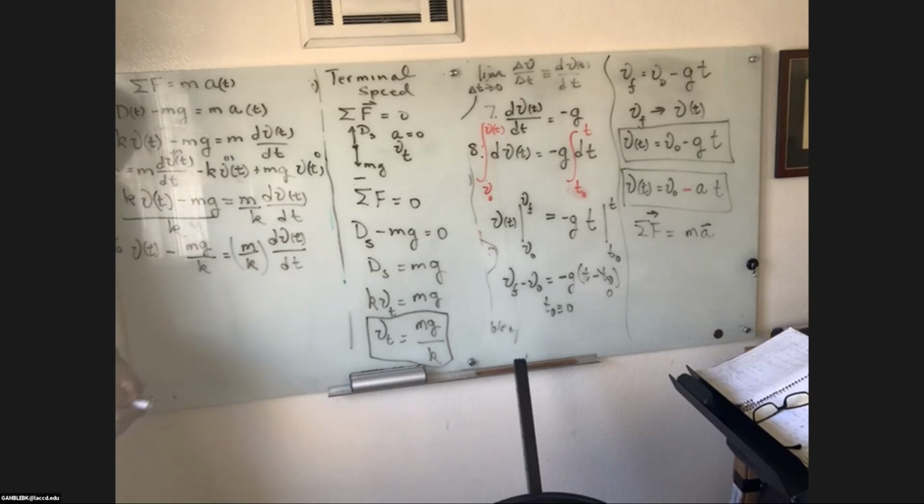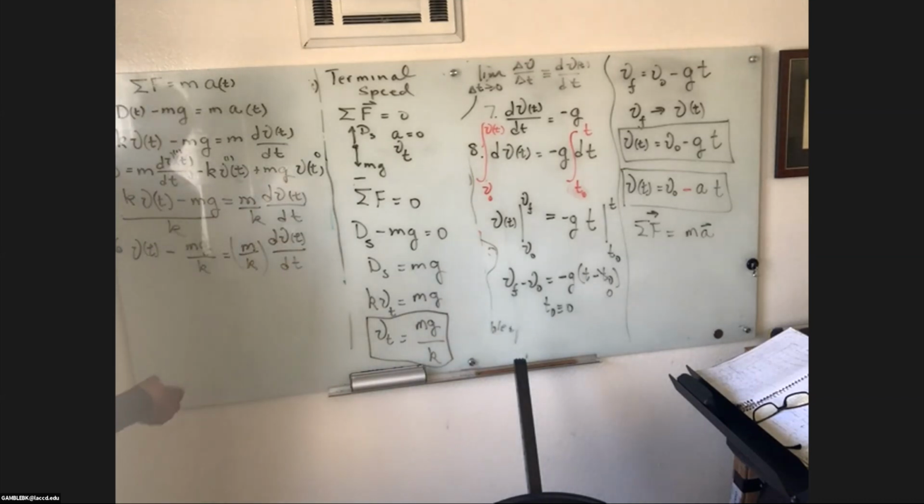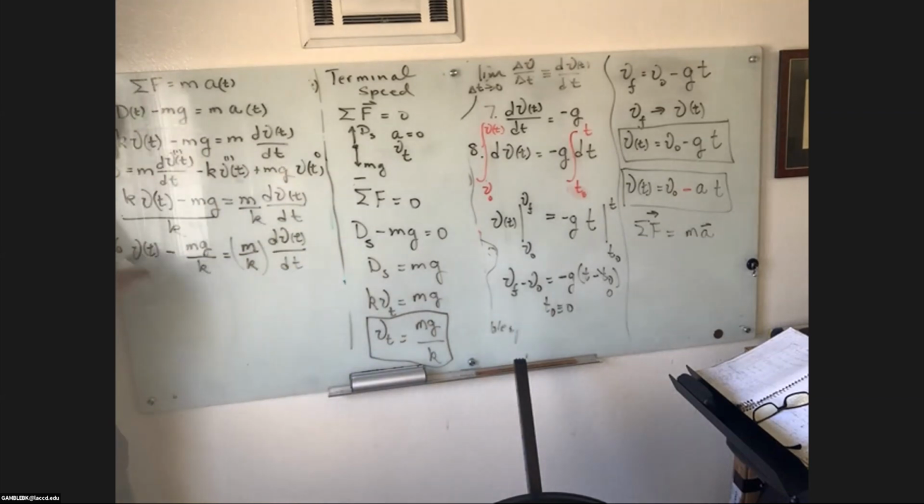Okay, so let's get all the stuff. Basically you cross multiply. You take this stuff and put it in the denominator of that side, and the m over k times 1 over dt comes to the other side. It's basically a cross multiplication.